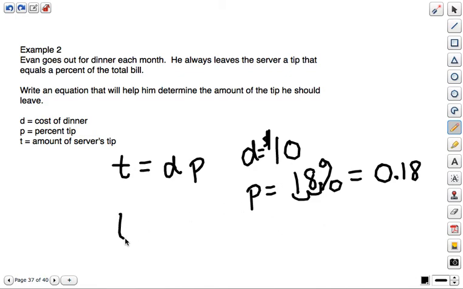So to find our total tip, we take our cost of the dinner and multiply that by 18 hundredths.